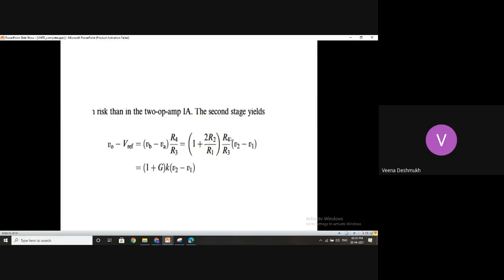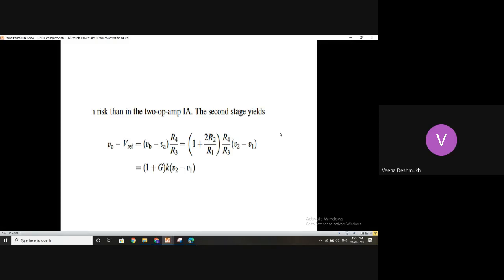So 1000 into 2000 becomes 2 mega. So 2 mega into whatever the voltage difference is. If this is of the order of microvolts, the mega and micro cancel, and finally your output will be in volts. Very easily you can achieve high-order gains with instrumentation amplifiers.